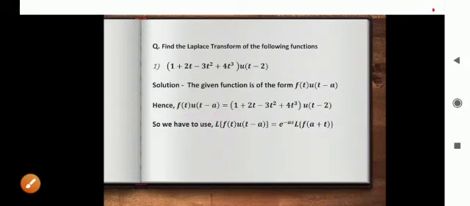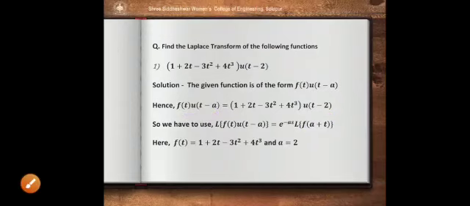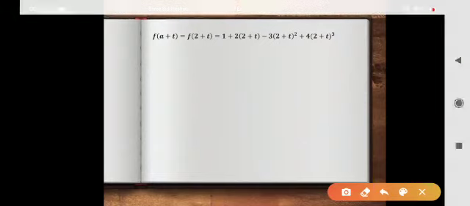So now first we will find f of a plus t. So for this, f of t and a we have identified. Now this t is replaced by t plus 2. So it is 1 plus 2 into 2 plus t minus 3 into 2 plus t square plus 4 into 2 plus t cube. Now we have to apply here square expansion and cube expansion result of a plus b.